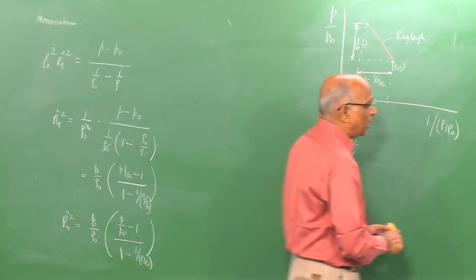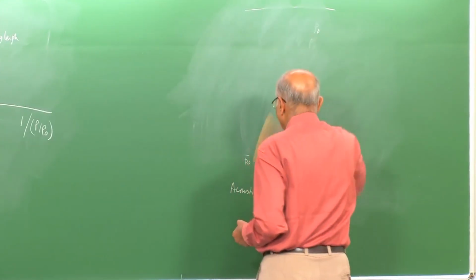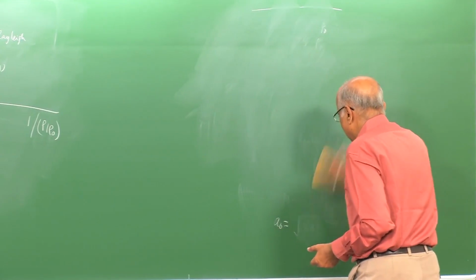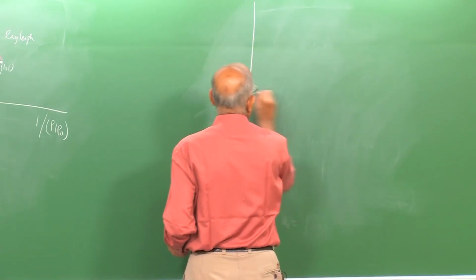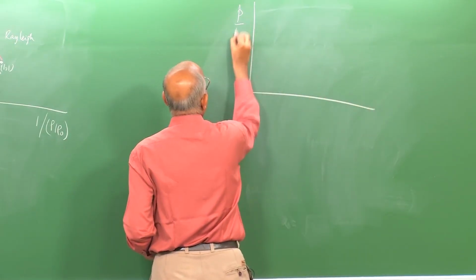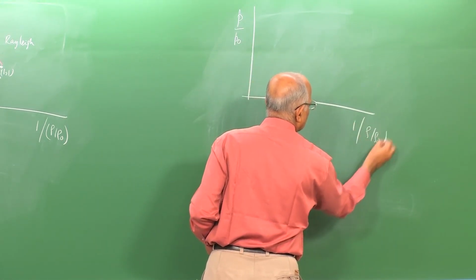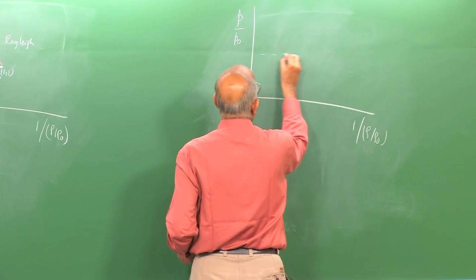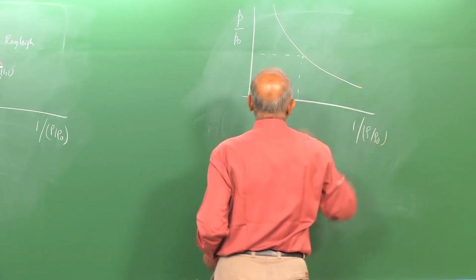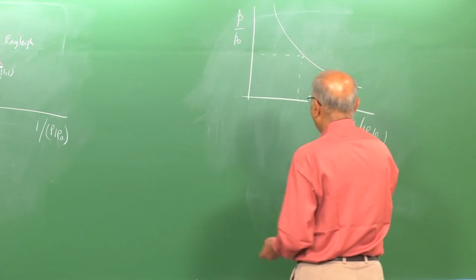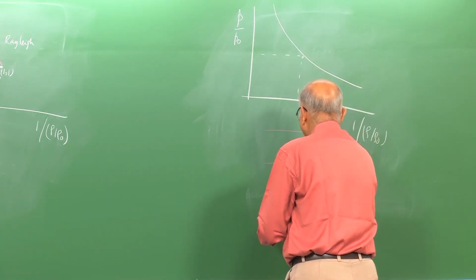My problem was to determine the value of the final pressure and the final density. All I have is a shock Hugoniot, passing through the initial point. Now, I have the shock velocity which is going at a given value of Rs dot.